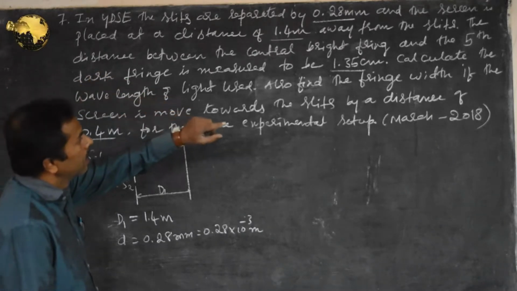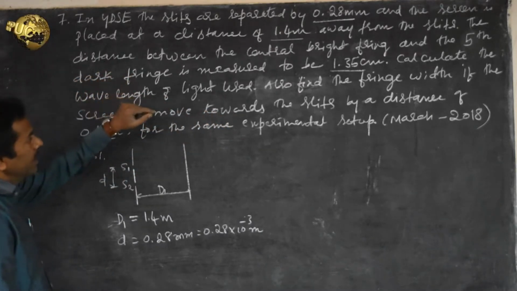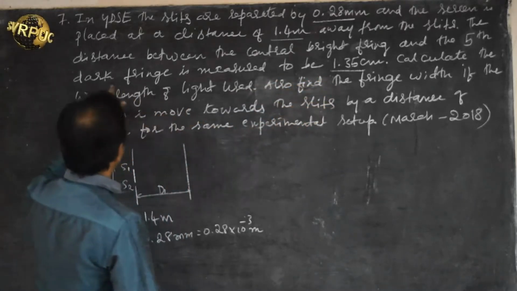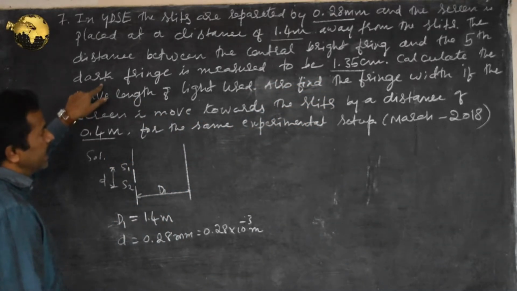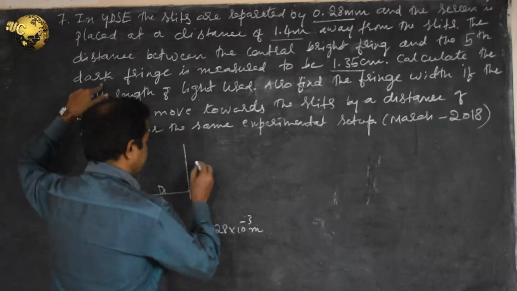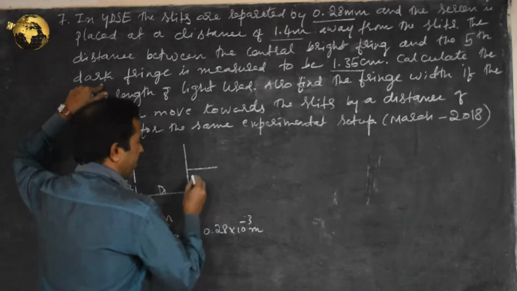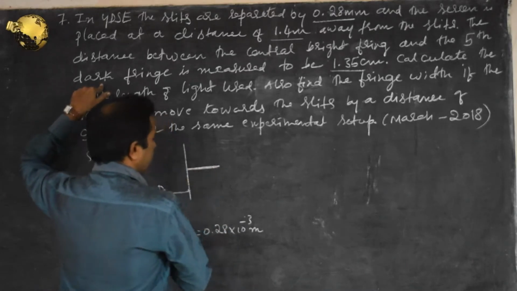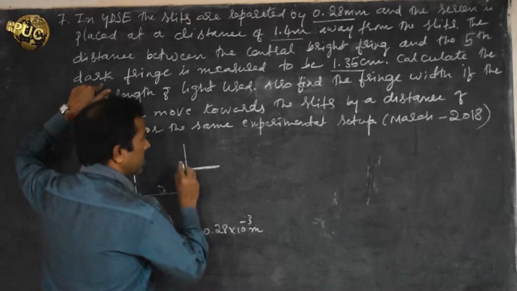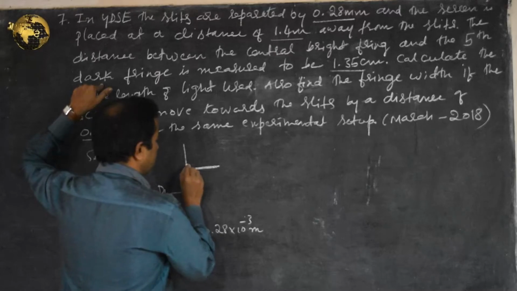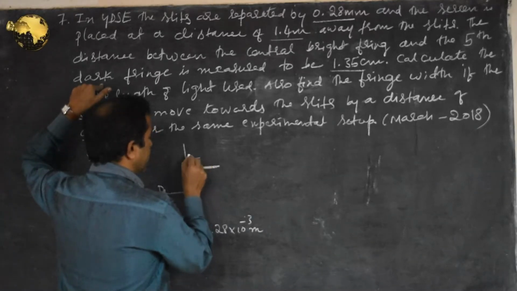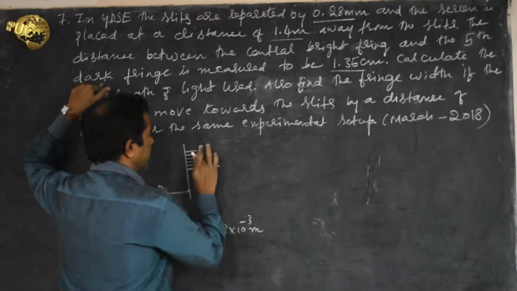Next, the distance between the central bright fringe and the fifth dark fringe is measured to be, so this is the fringe pattern on the screen. This is the central bright fringe. Here we have 5 dark fringes, 1, 2, 3, 4, 5.